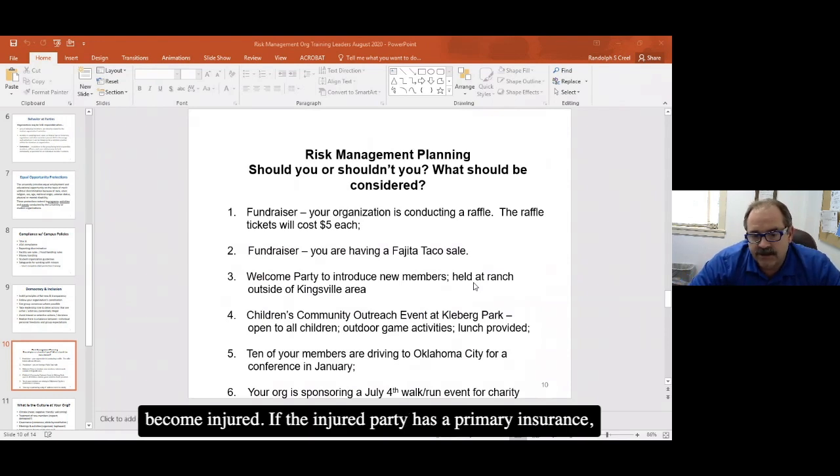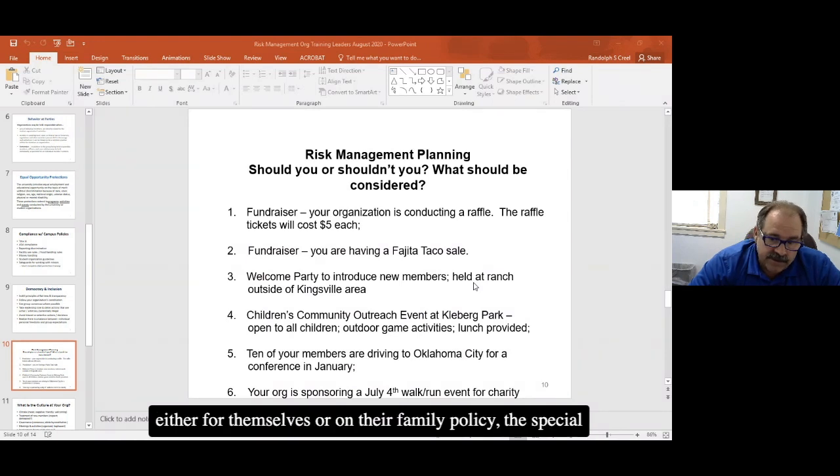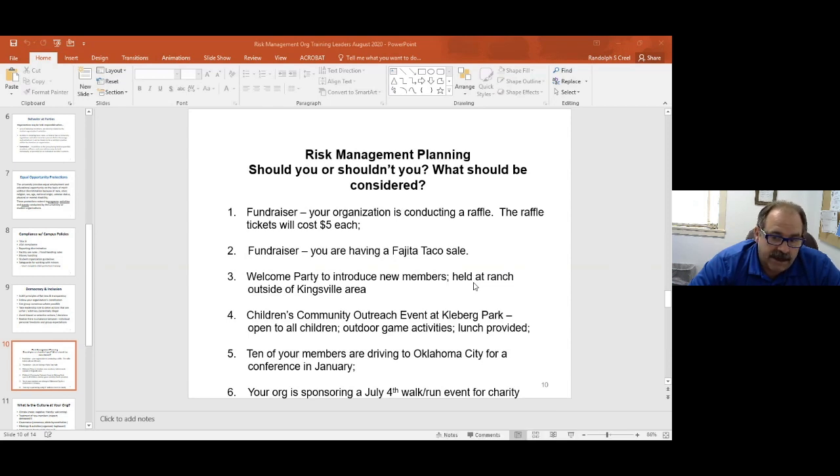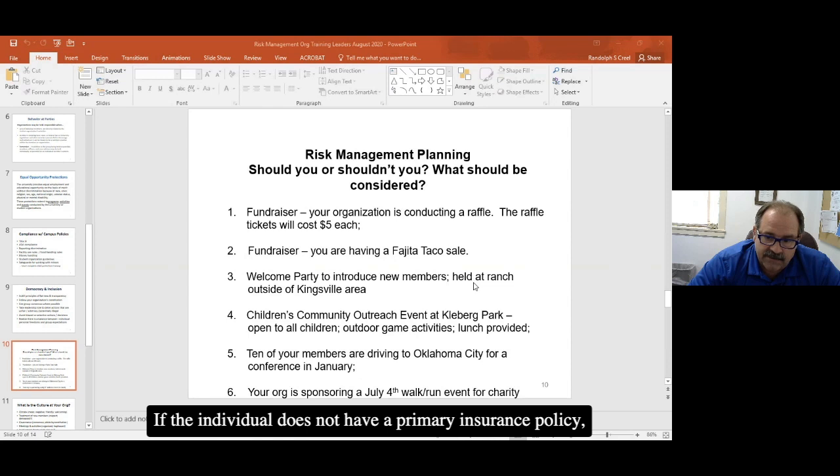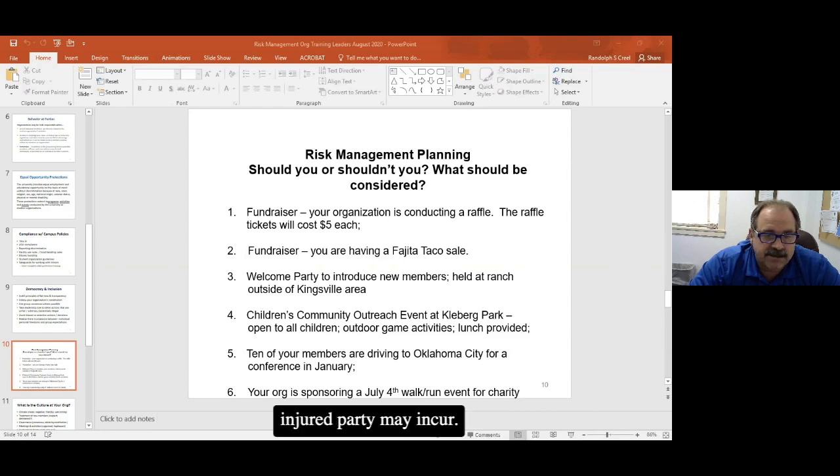If the injured party has a primary insurance, either for themselves or on their family policy, the special event insurance will step in and cover any out-of-pocket expense that the injured party may experience. If the individual does not have a primary insurance policy, the special event insurance will step in and cover 100% of the cost for hospitals and medication that the injured party may incur.